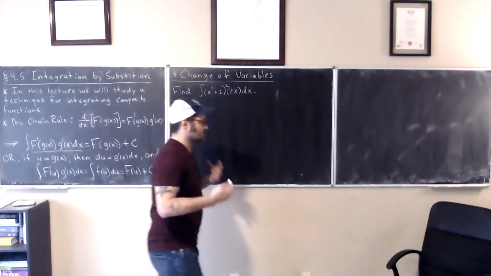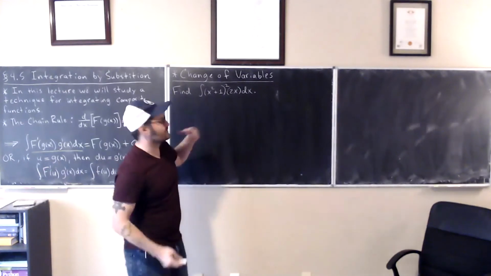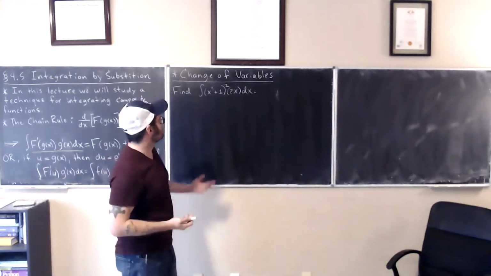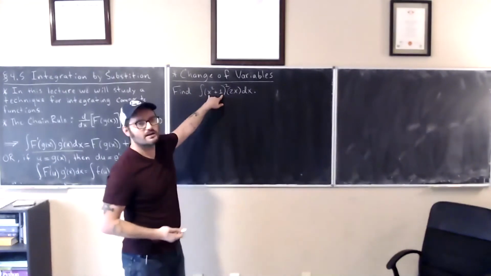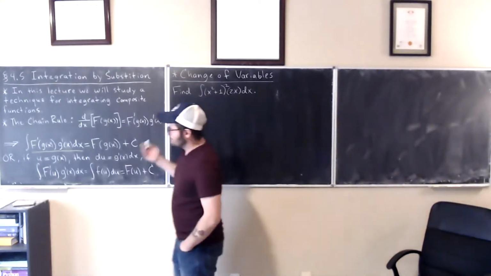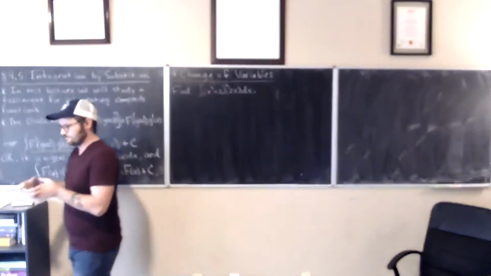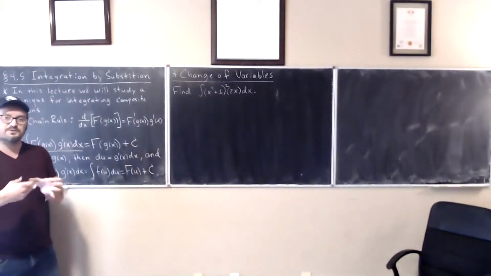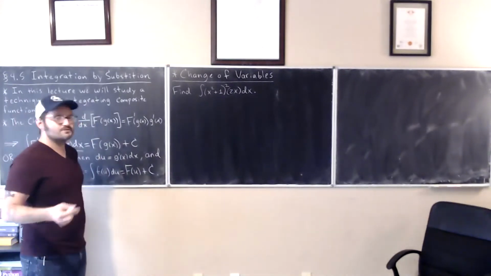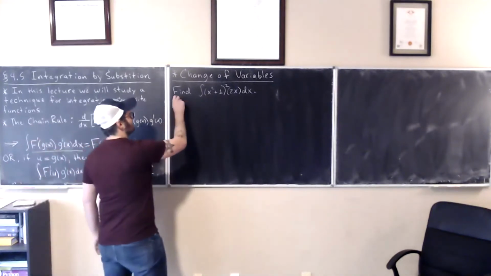But if we substitute u for g of x, where g of x is the inside of one of the functions, then when we evaluate the derivative of u and play around with looking for something that we know how to integrate, it tends to work out nicely, especially for the examples in the textbook. So let's just look at what happens here.